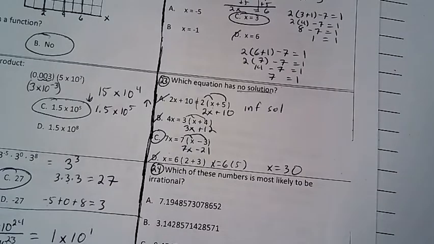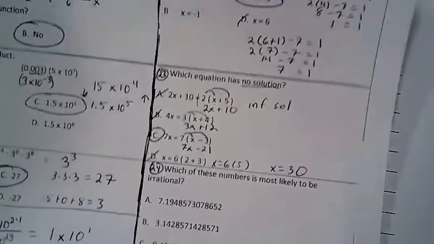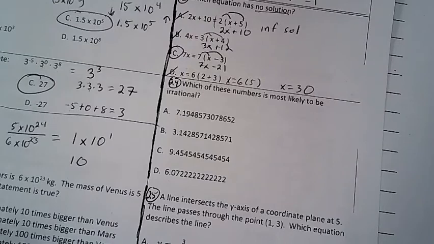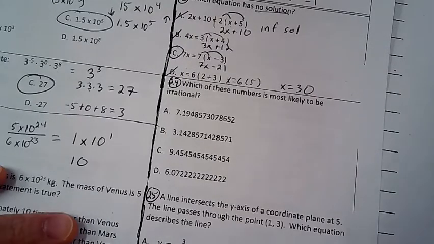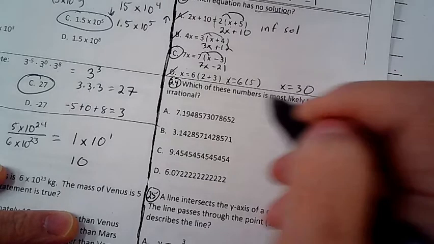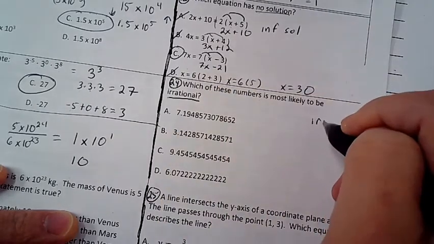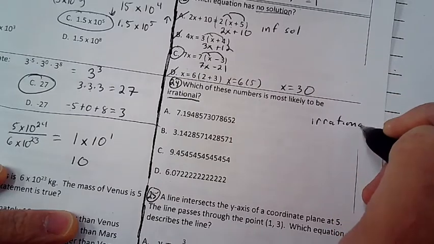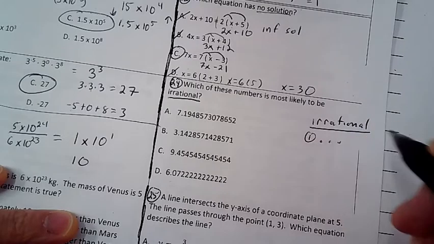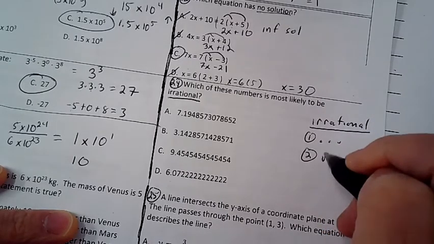All right, for number 24, which of these is likely to be irrational? For irrational numbers, there are 3 visual indicators, so I want you to write this down. Irrational. The first visual indicator is the dot, dot, dot. The second is the square root of an imperfect square.